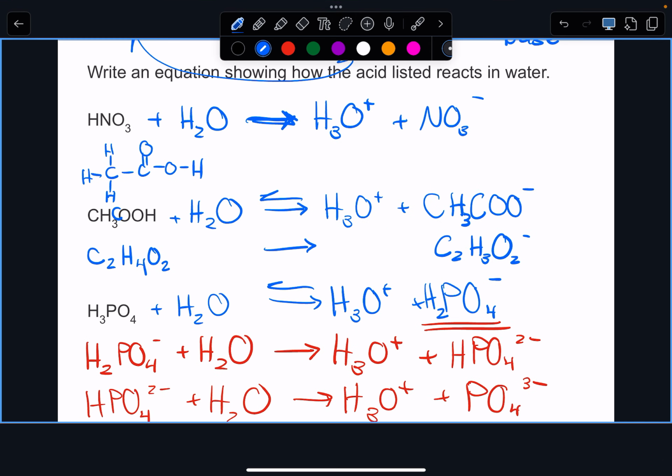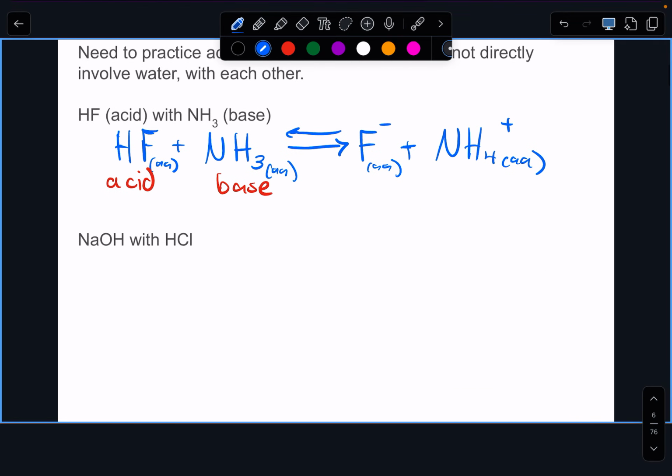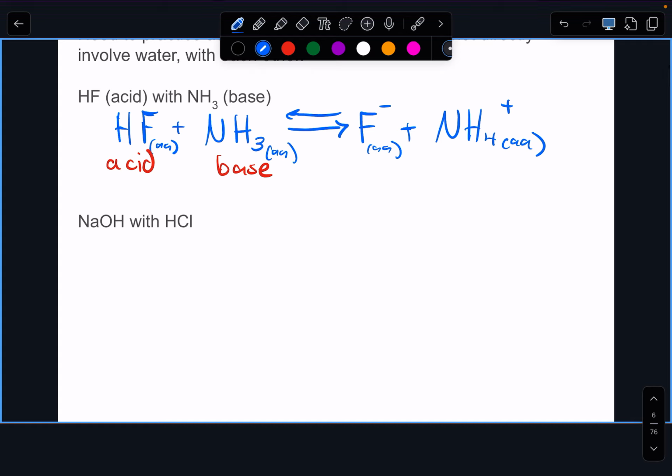So there are basically 6 strong acids that only go to the product side. And they're in your exam equation sheet. And then the strong bases are actually just the hydroxide salts. So 1A elements, some of the 2A with hydroxide. Those are the only strong bases.